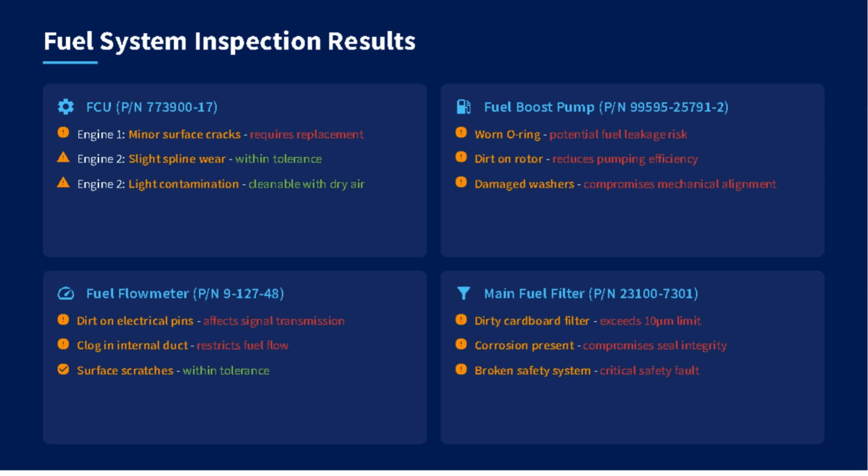Our inspection of the fuel system revealed several significant findings inside the fuel control unit. In this case, you check the different characteristics, for example, part number and serial number, to realize the change of the component with another engine. Engine number one showed minimum surface scratches, which, according to the manufacturer's limits, are not acceptable and require immediate replacement, but in this case it's not necessary because the limit is okay.